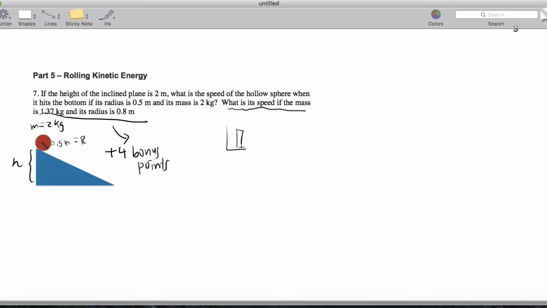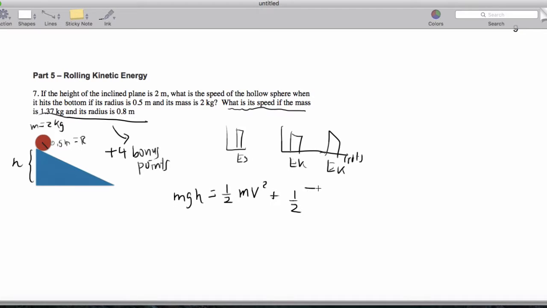So I have all gravity energy getting converted into kinetic and rotational kinetic energy. So we have mgh equals 1/2 mv squared plus 1/2 I omega squared, because we're dealing with rotational energy.